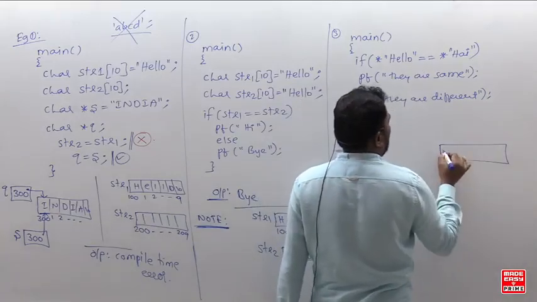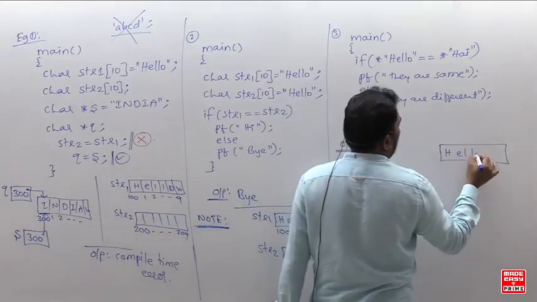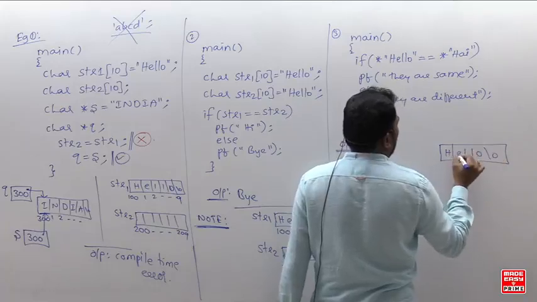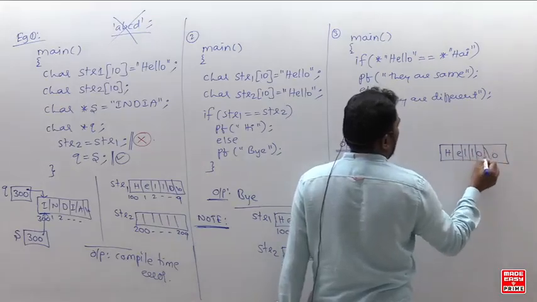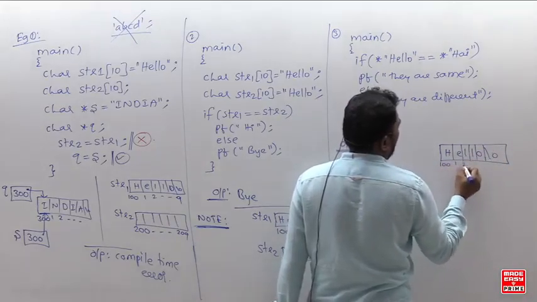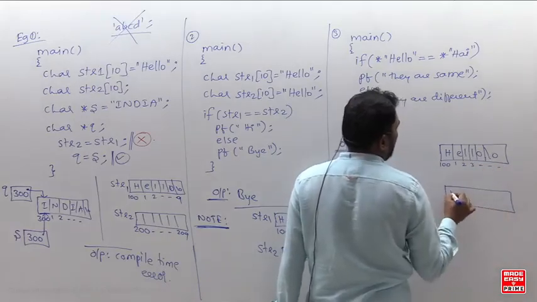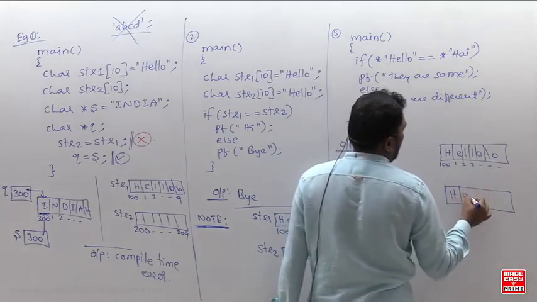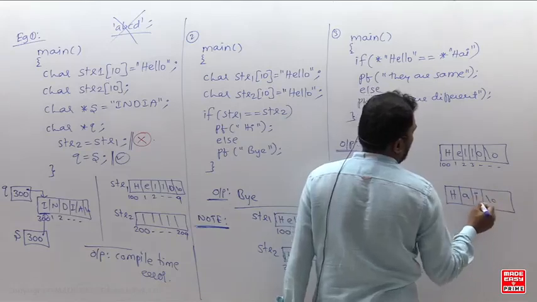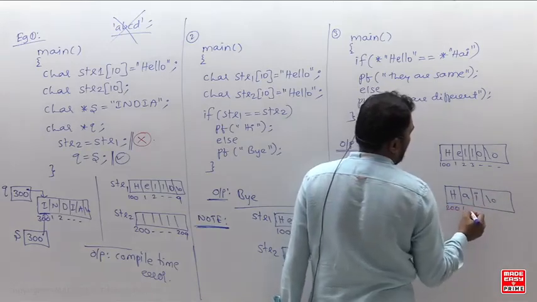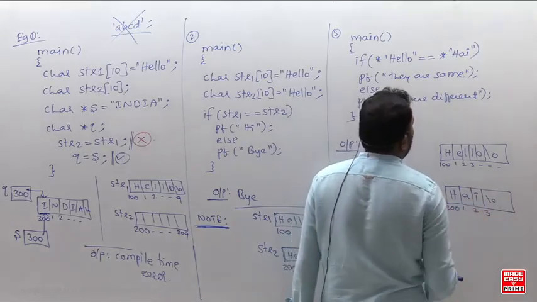Look here. HELLO has some base address: 100, 101, 102, 103, like this. The other string also has a different base address, with H, A, I, and the null character, say 200, 201, 202, 203.